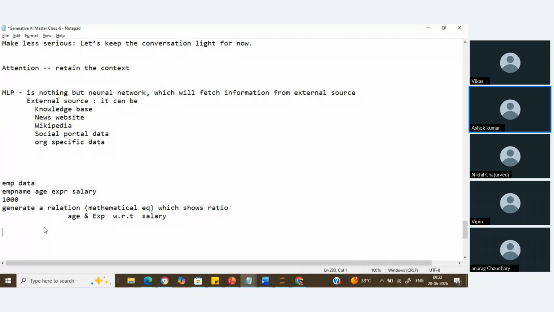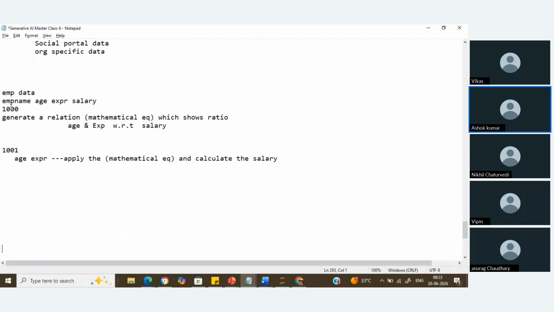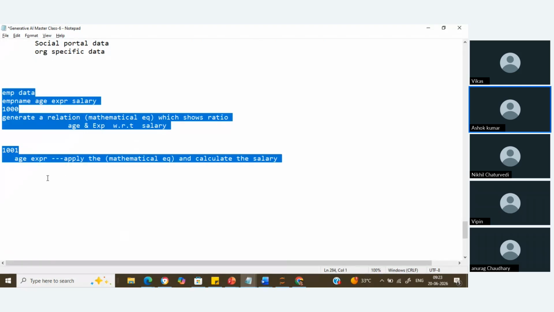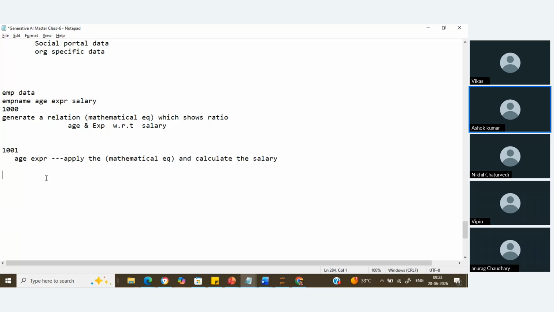Now, if I have a 1001st employee, basically a new joiner, and I have the age and experience information, then I will apply this mathematical equation and calculate the salary. So this was possible earlier, and this is what we do in machine learning and deep learning. We are just going to calculate a relationship between the features and labels.